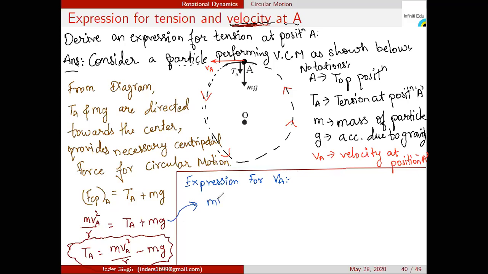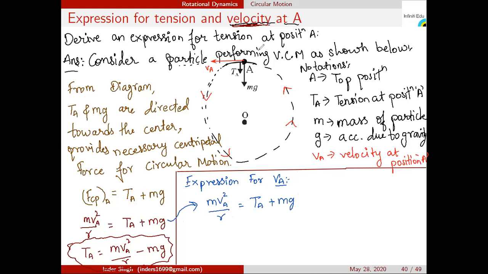We have m VA square divided by R equal to TA plus mg. According to this equation, we should get the value of VA. So this is the expression for velocity at the top position, that is, the formula for VA.